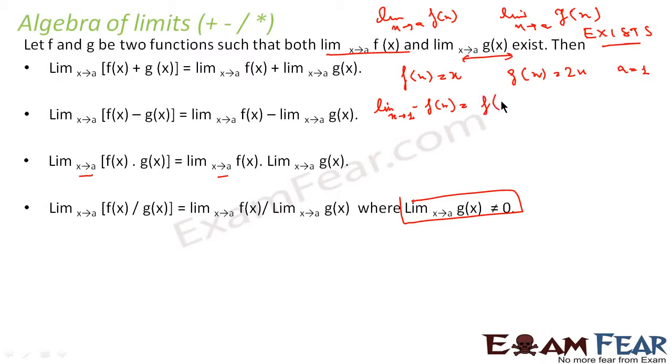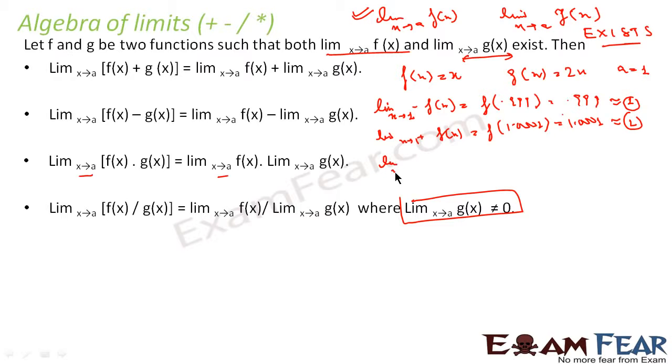This is nothing but f of, let's suppose, 0.999, and that is 0.999, almost equal to 1. And the limit as x tends to 1 plus of f(x) will be equal to f of 1.0001, which is 1.0001, and that is almost equal to 1. So if you see, both are same, so we can say the limit of f(x) at x equal to 1 exists.